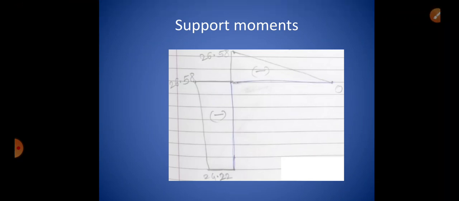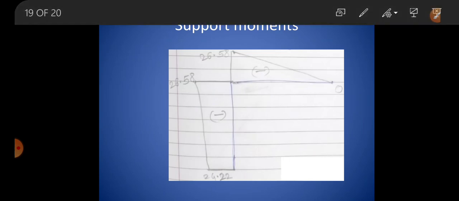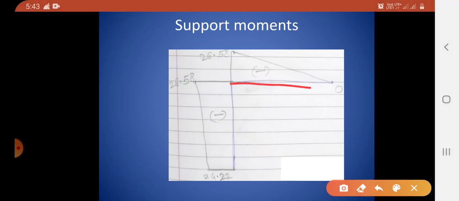So this is the free body diagram. Then go to the next point: while drawing the bending moment diagram, first you have to draw the reference lines of the frames. Then you have to plot the support moments, that is MA hogging, therefore outside the frame.